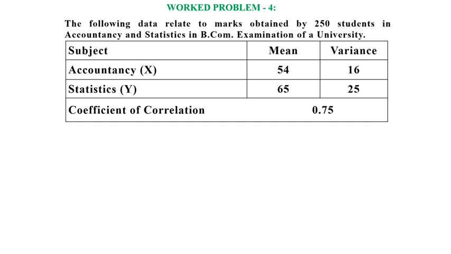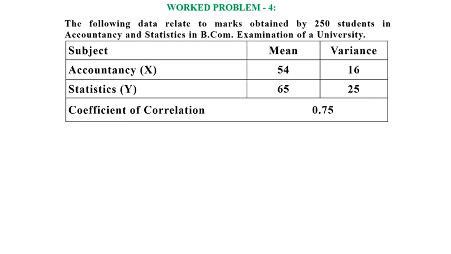Worked problem number 4. The following data relate to marks obtained by 250 students in accountancy and statistics subjects in the BCom examination of a university. The data is given like this. Subject, mean, observe here, variance is given. While learning standard deviation, you might have come across this concept, variance.